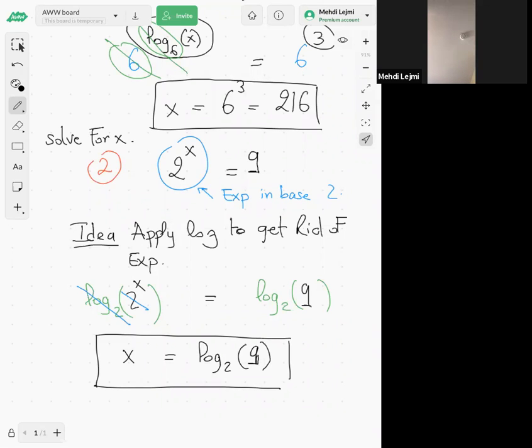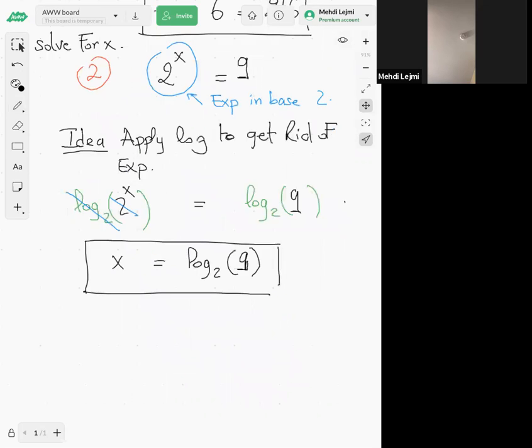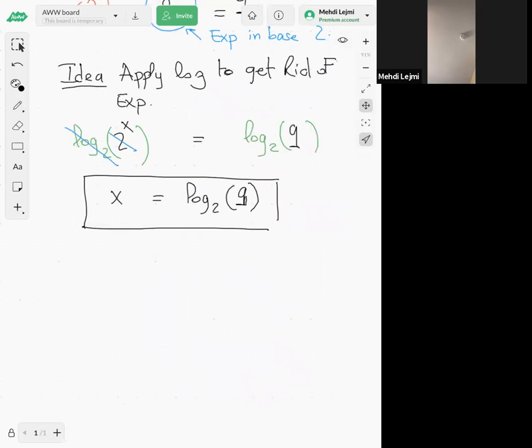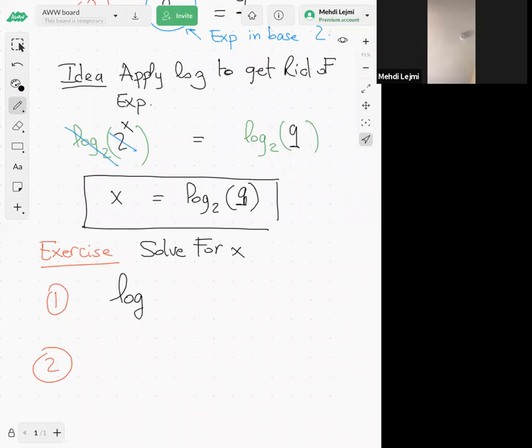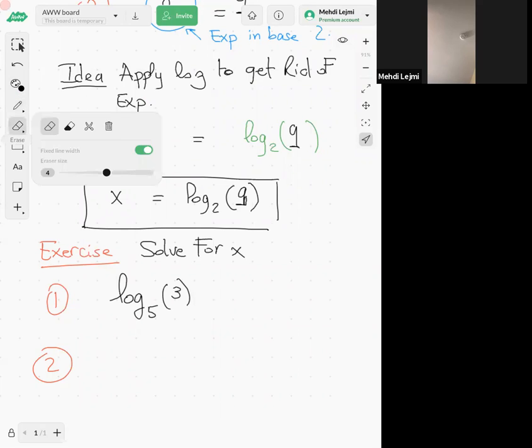All right, so here's an exercise. Very small exercise. So we need to solve for x. All right, so first you have, let's say, log in base 5 of x is equal to 3.